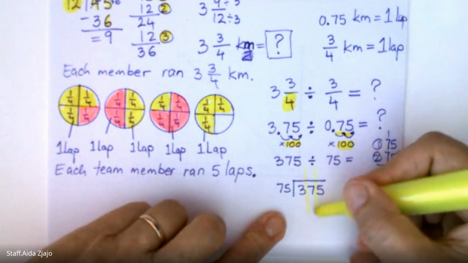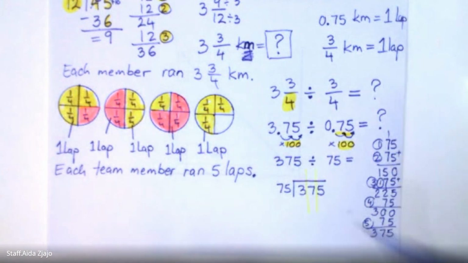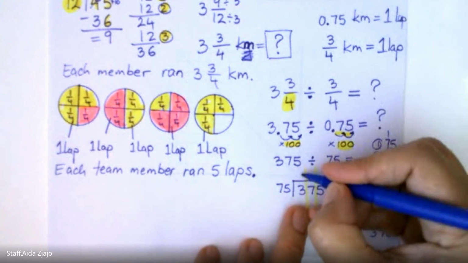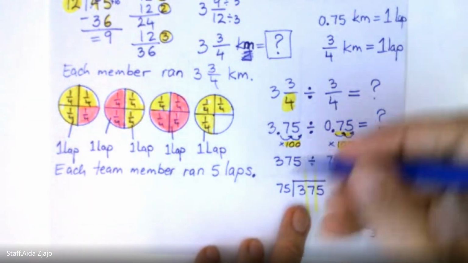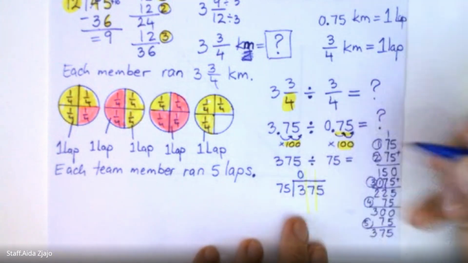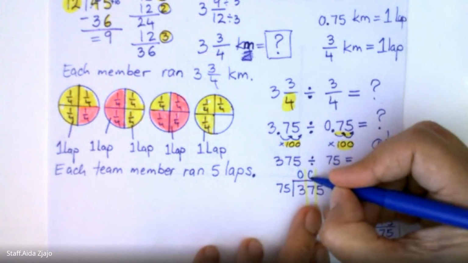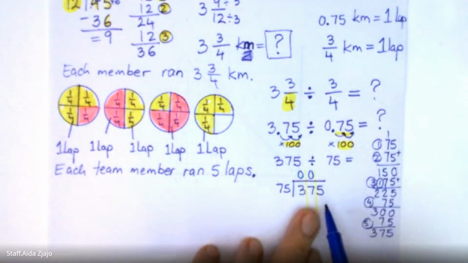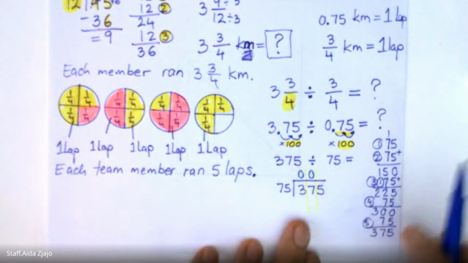If you have 300, you cannot make a group of 75. If you have 375, you can make groups of 75.